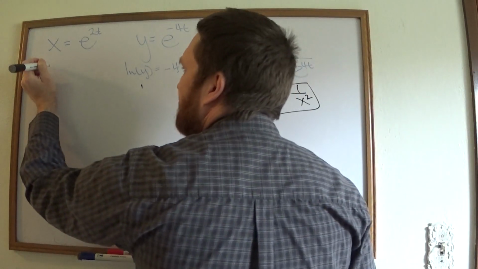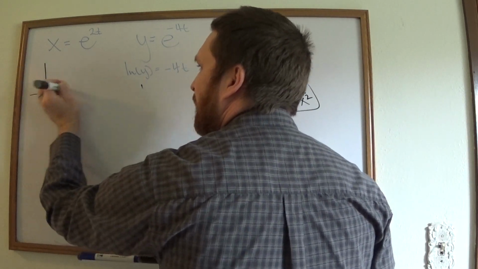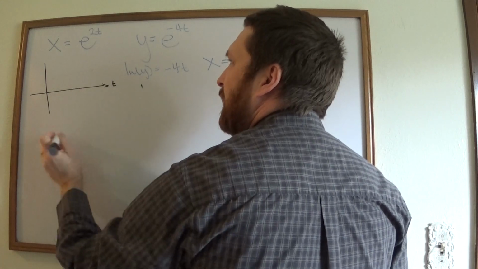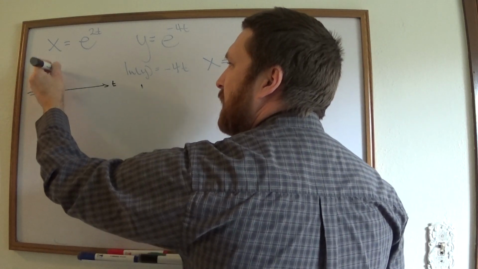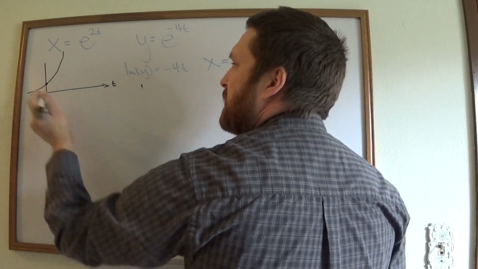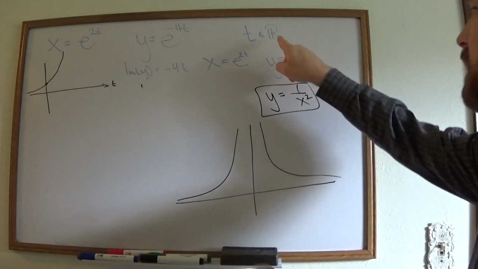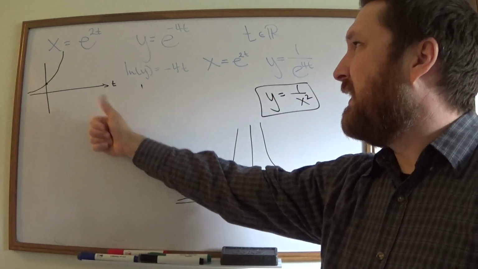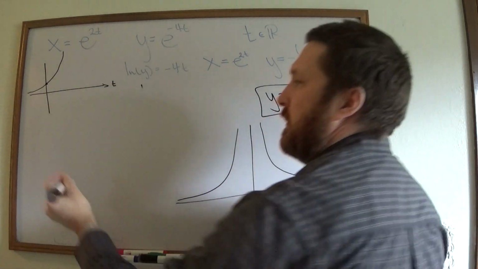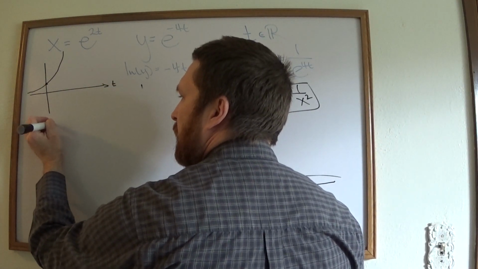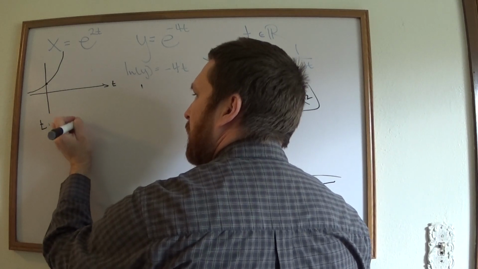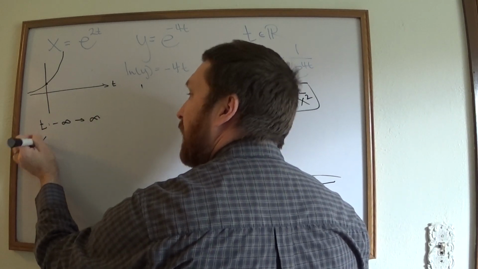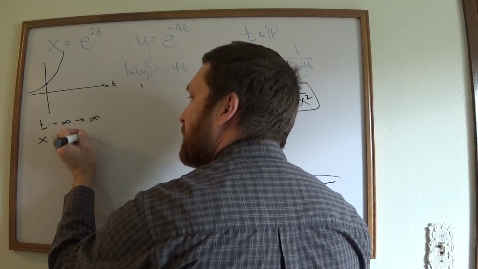And so x of t goes through 1, and that's an exponential. So as t ranges over the reals, as t goes from negative infinity up to infinity, x goes from what to what? 0 to infinity.